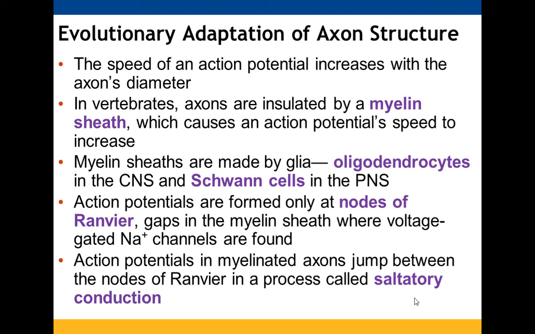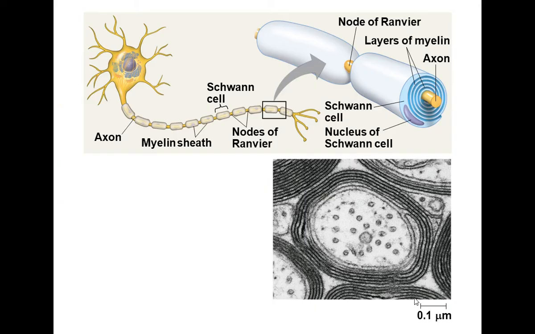They're myelin sheath gaps where we can find those voltage gated sodium channels. And the action potentials will move in these myelinated axons in a process we call saltatory conduction. Okay. So it allows them to keep moving and it increases that diameter, which speeds up that process.